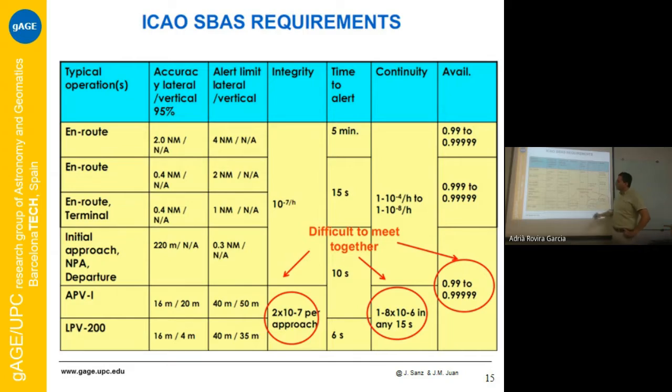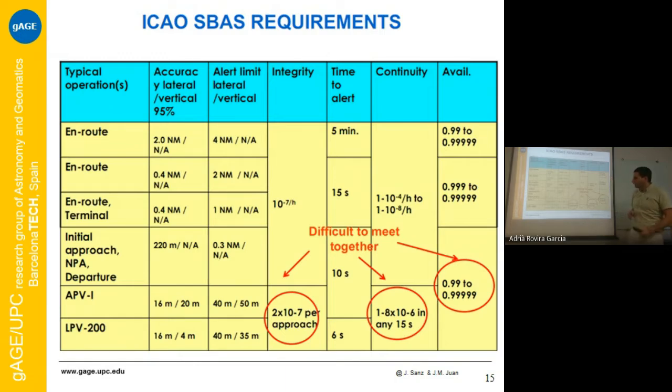And here we have the two metrics of accuracy, in the horizontal and on the vertical plane. We can see the different phases, and then the integrity required for each navigation phase. We see the time to alert, the continuity and availability, all of the metrics I was introducing before.